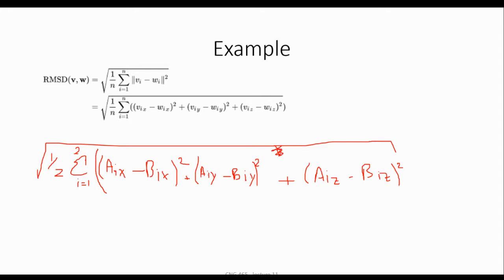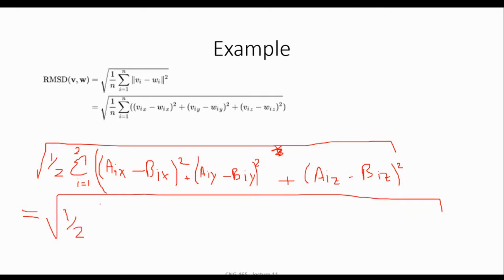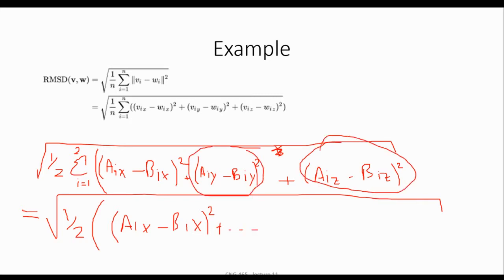Okay, so one by one, I should just assign the values to that. So how do you assign the value? For example, for the first one, let's say i is 1, 2. Now I want to apply the summation. It means that I consider A1 x minus B1 x power 2. You continue and do the same for this part and this part.